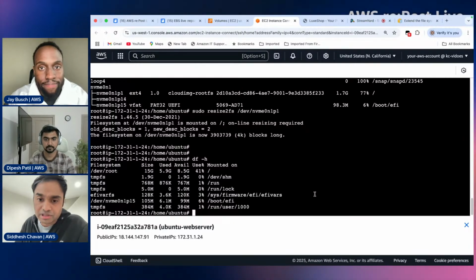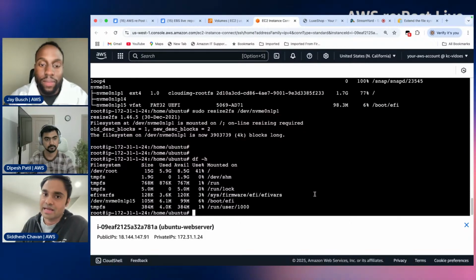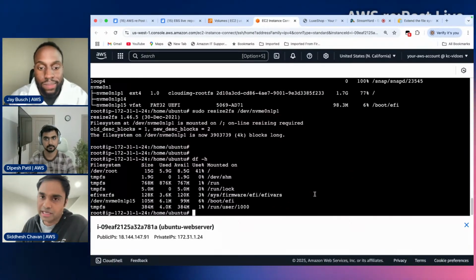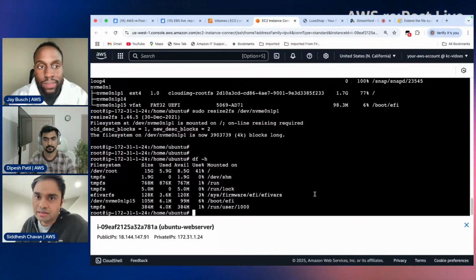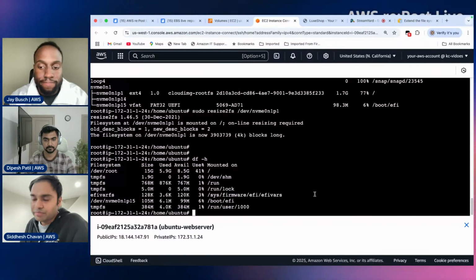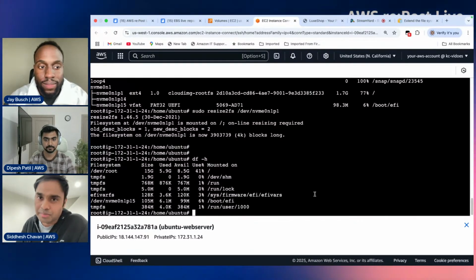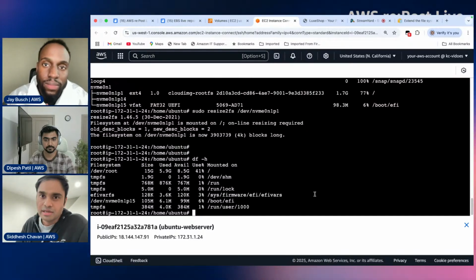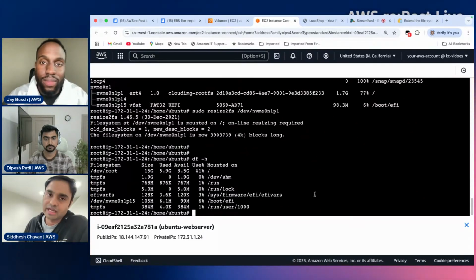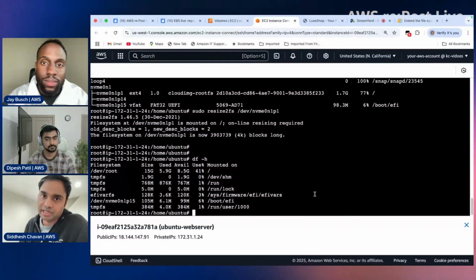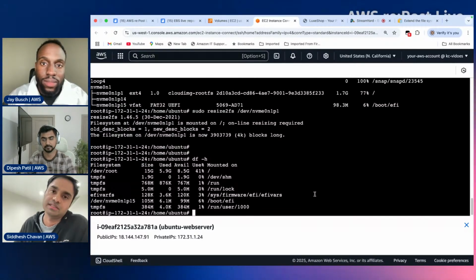There would be a step function which will monitor your disk usage, with a script running in the backend, and as soon as your disk quota is above 80%, the step function will kick in. It will push in the Systems Manager documentation, which is pre-published documentation for extending the EBS volume, and it will help you resize the volume to the next possible configuration that you have pre-configured in those settings.